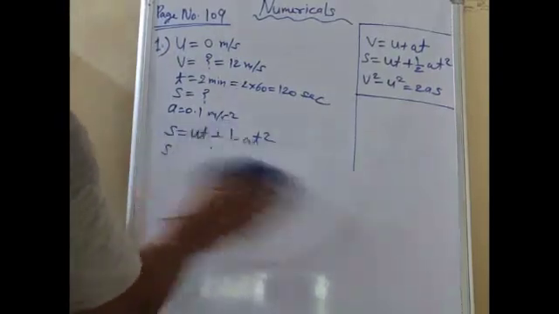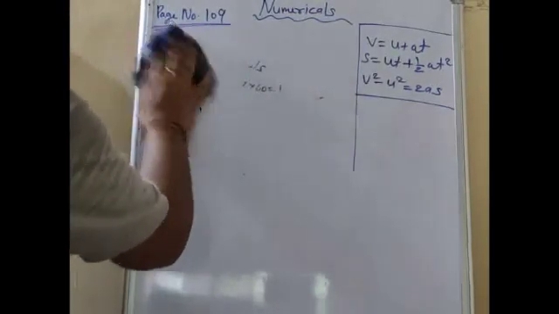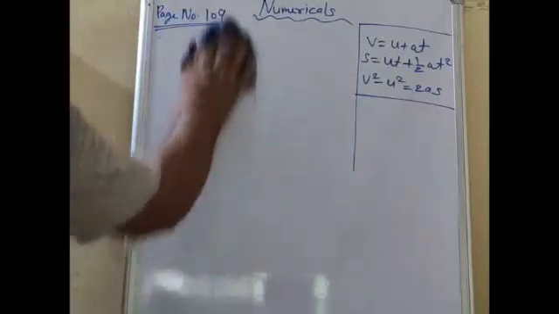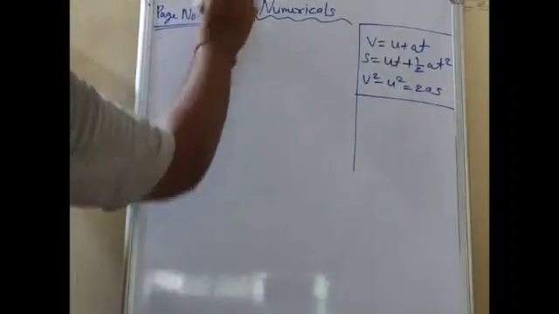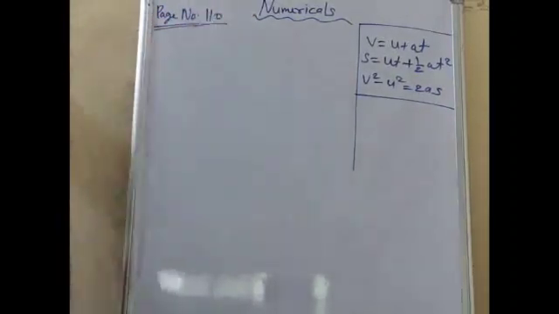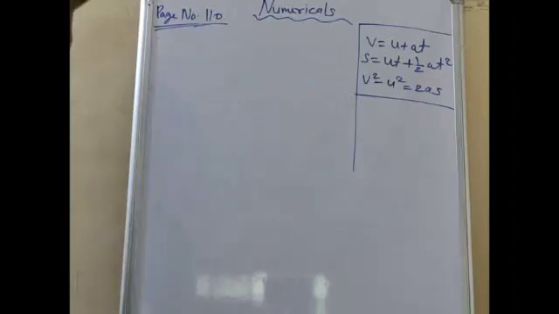Now we'll see the second one. Page number 110. In the second question, a train is traveling at a speed of 90 km per hour. In the previous question, starting from rest, so U was 0.